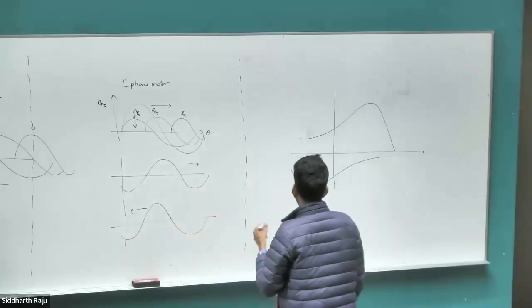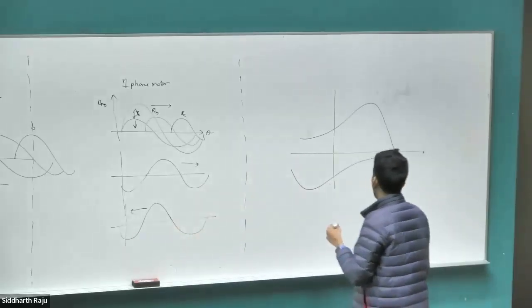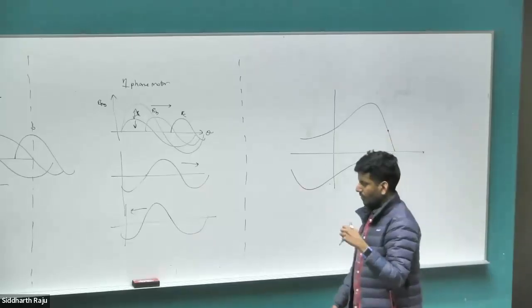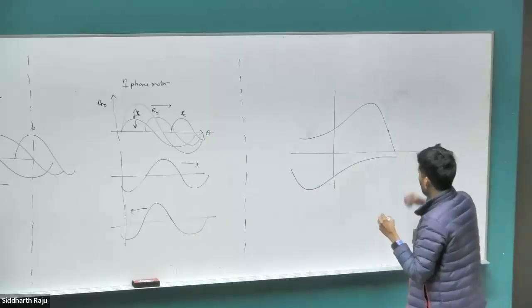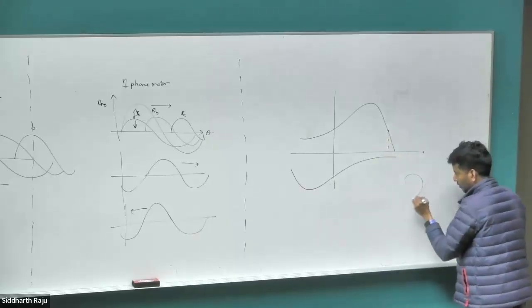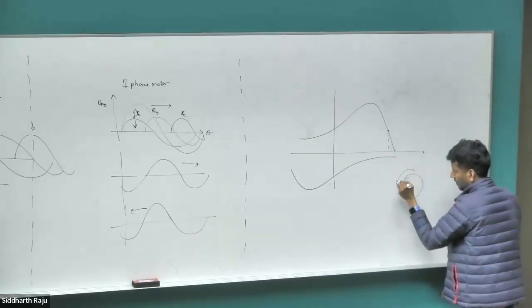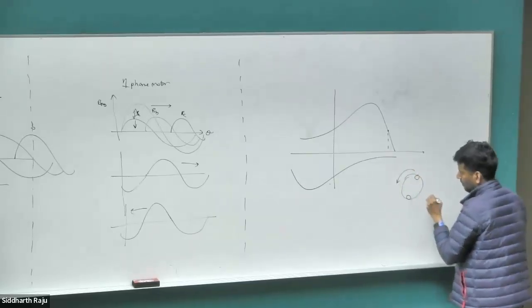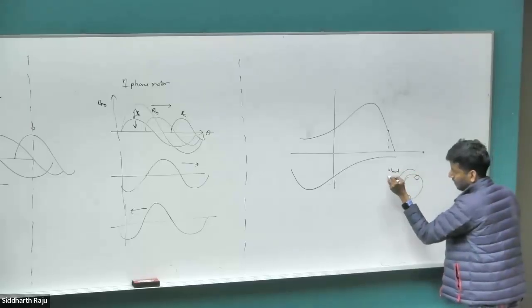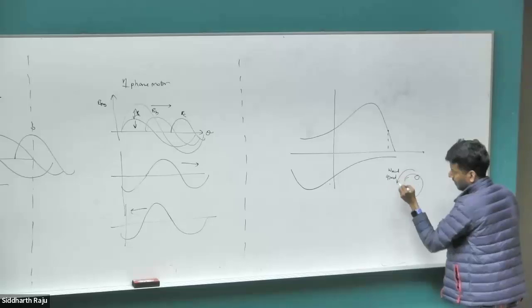Let's look at the case where we are very close to the synchronous speed. We are operating at this point somewhere. If you look at what's happening, the rotor electrical frequency, as the rotor is rotating, so this is our rotor, and the rotor is rotating in this direction. Right? Let's say this omega mech is 92 radians per second.